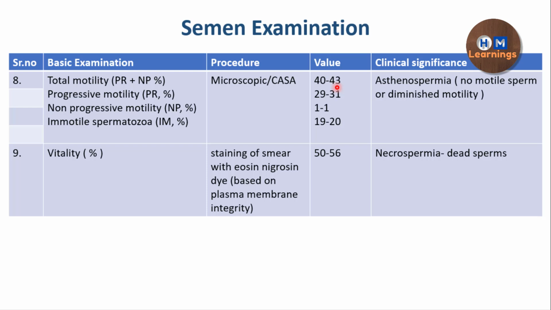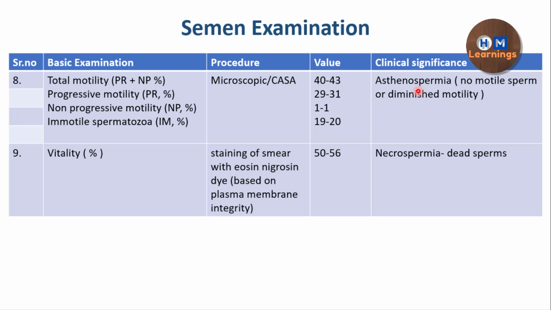What happens is that we count 100 or 200 spermatozoa in total, and then how many sperms are motile, how many show progressive motility, and how many show non-progressive motility is commented on in terms of percentage. So 40 to 43% should be the total motility, including both progressive and non-progressive. Then progressive should be 29 to 31%. Immotile could be 19 to 20%.